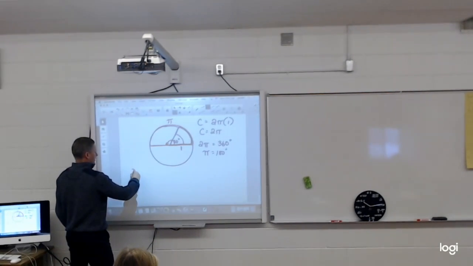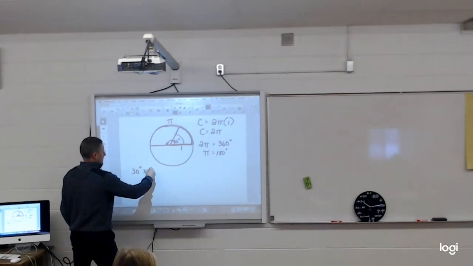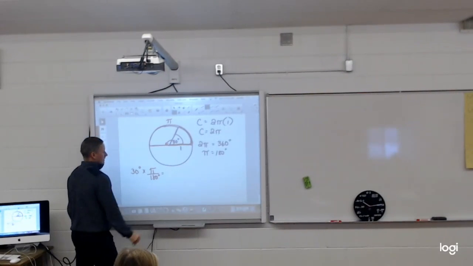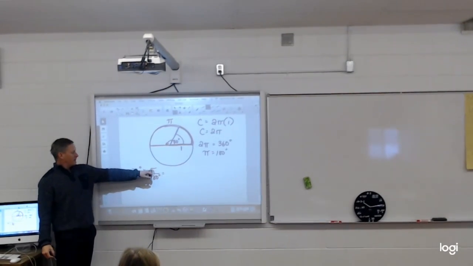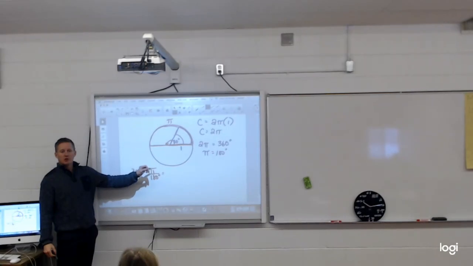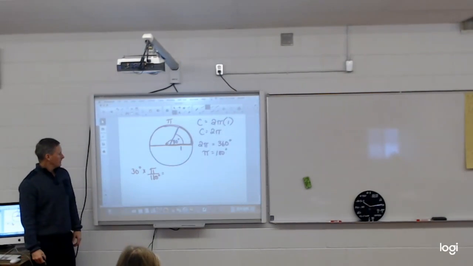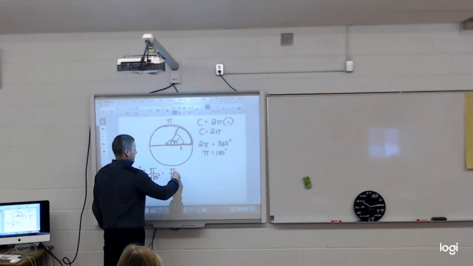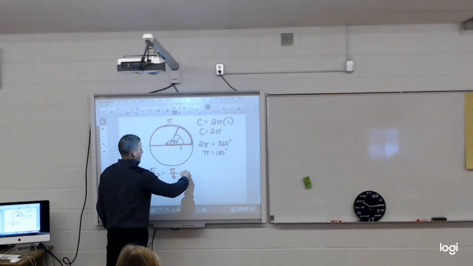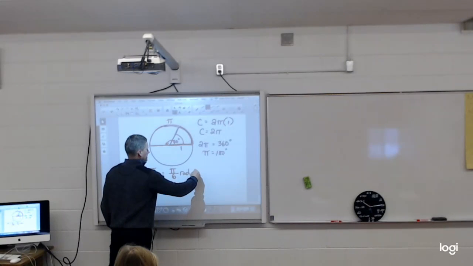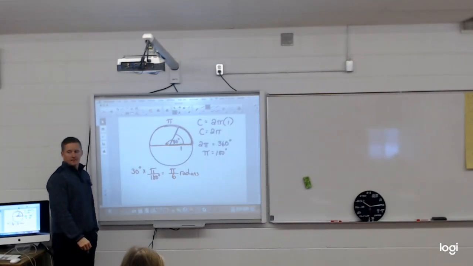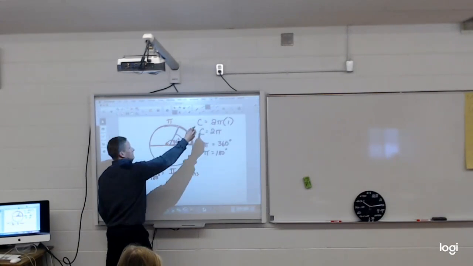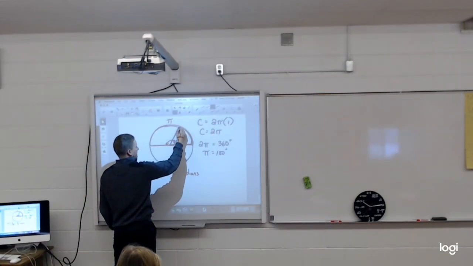I would go 30 degrees times pi over 180 degrees, because that's the ratio: pi radians is 180 degrees, and 2 pi radians is 360 degrees. I reduce this fraction, and 30 degrees is pi over 6 radians. That's the answer, and it describes this arc length right here.